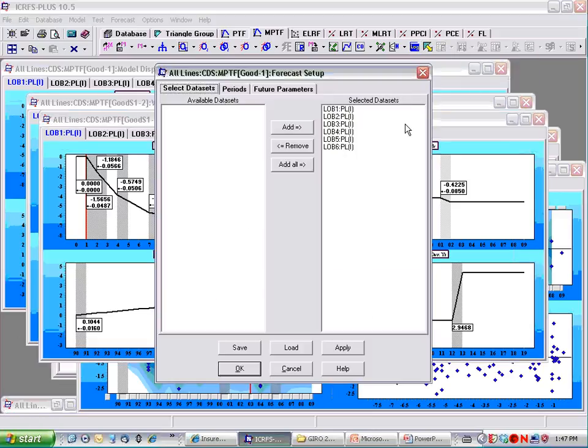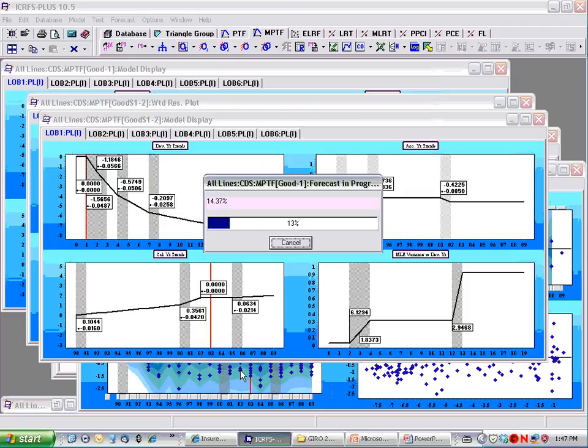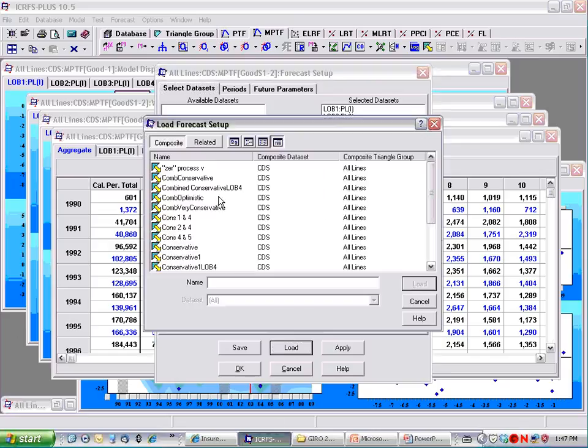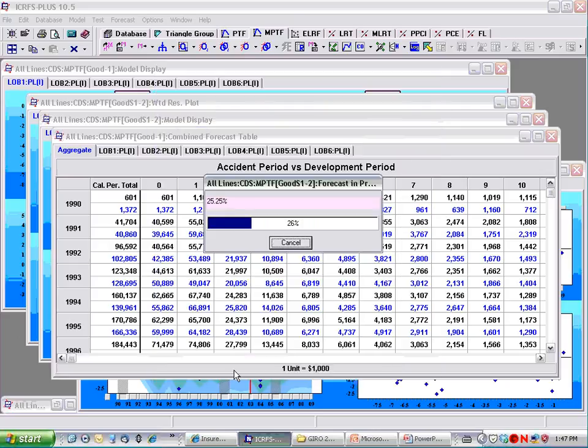Let me do the forecasting first for the 6 LOBs. I'll do that twice, so I can run an instance of Solvency II one-year risk horizon metrics, full fungibility, and then no fungibility. Load, combined, conservative.